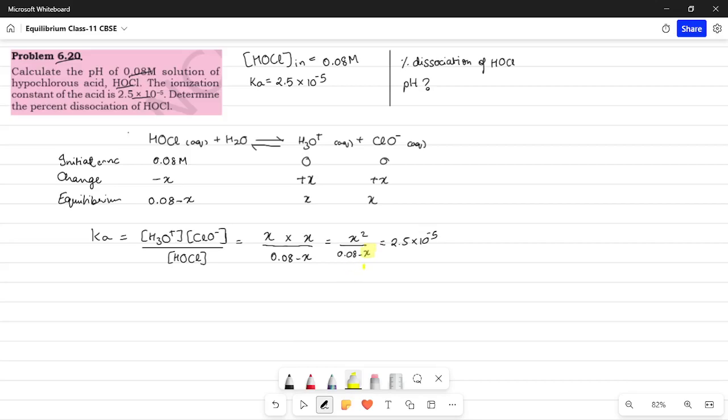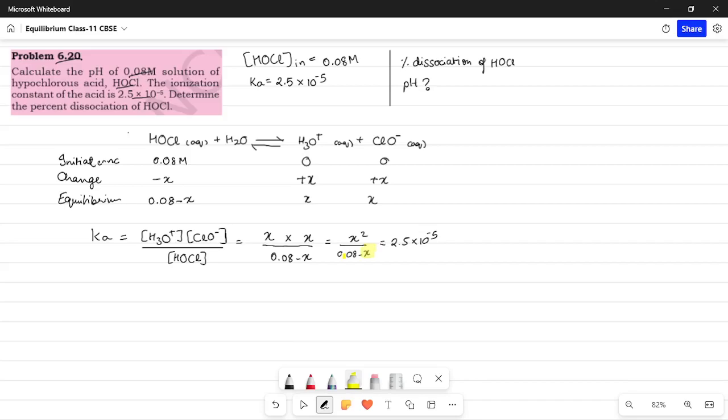This is because, first of all, HOCl is a weak acid, which means it won't undergo dissociation to a great extent. And if you notice, the value of Ka for this particular question is 2.5 into 10 to the power minus 5, which is significantly small.